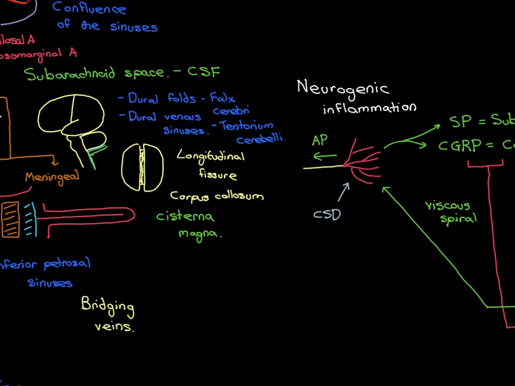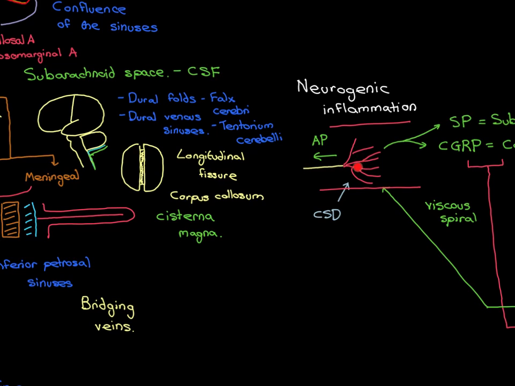So imagine this is in the wall of some artery, and in fact you don't even need to imagine it. Let me draw an artery on here. So very simply, there is the tube, and there it is in the wall of this artery here. So let's say that this is a perivascular meningeal nociceptor around some either extraaxial brain artery or a meningeal artery. Okay, so usually when this thing bulges out during systole, when the heart has just beaten, that is not enough to cause this thing to fire action potentials.